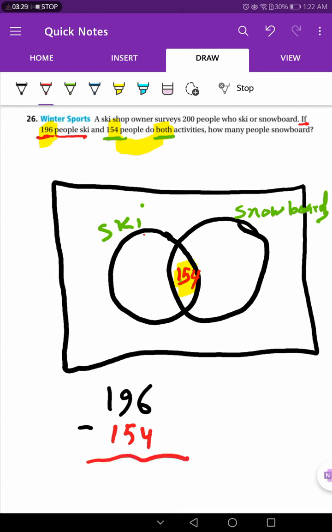So I have to cut the number that represents both from the given number in the question. Yes, every time. So 6 minus 4 equals 2, 9 minus 5 equals 4, so 42 here, my dear student.